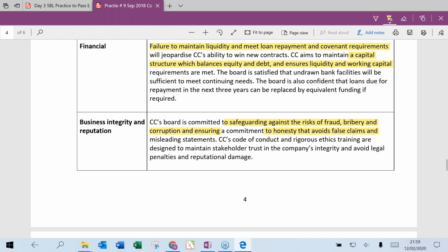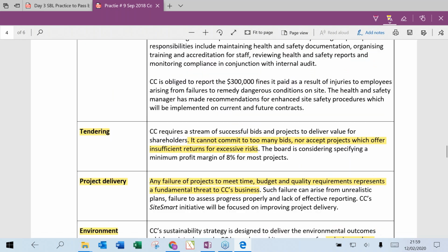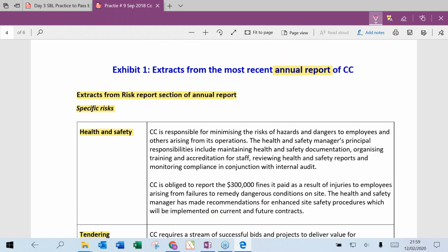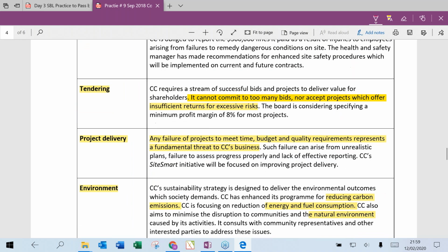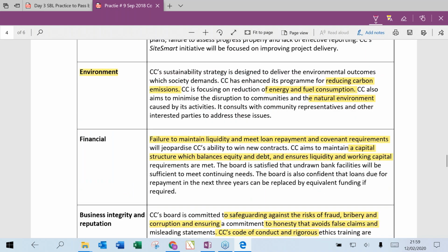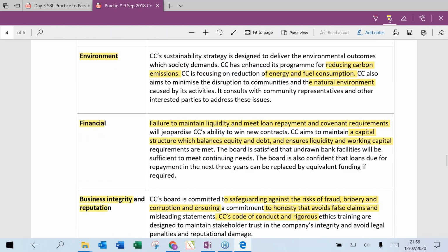Honesty, false claims, code of conduct, rigorous training. So these are the 6 risks which the company has mentioned in their annual report: health and safety, tendering, project delivery, environment, financial, and business integrity and reputation.